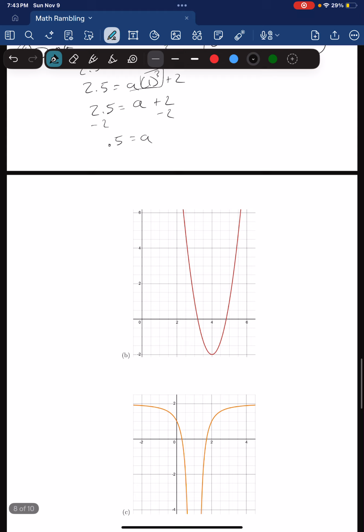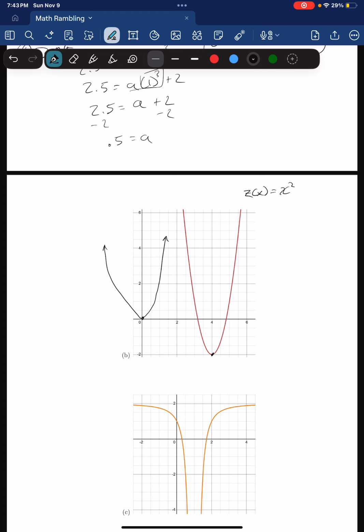Let's try it again. With b. All right, let's identify our parent function. Our parent function is, we'll call it z of x, that sounds cool, equals x squared. And I know on a normal parabola, it would look like this, where our vertex is at 0, 0.